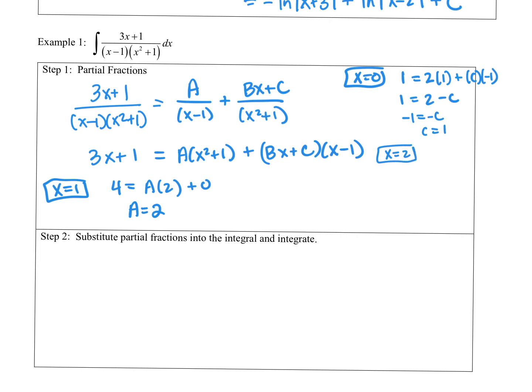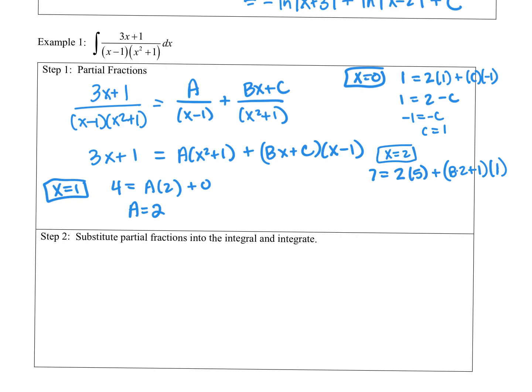So 3 times 2 is 6, plus 1 is 7. A is 2. x is 2, so this will be 2 squared plus 1, which is 5. We don't know B, so this will be 2 times B. C is 1, and then 2 minus 1 will be 1.